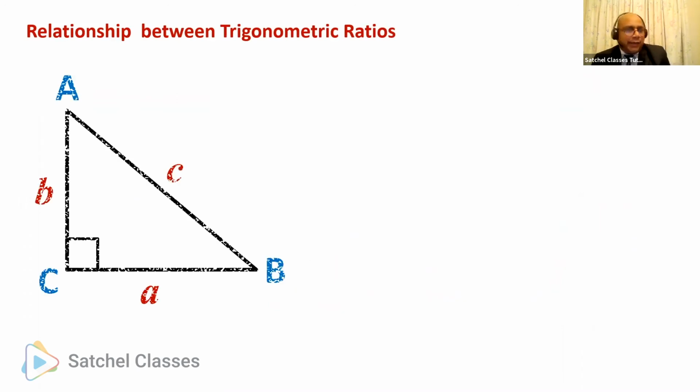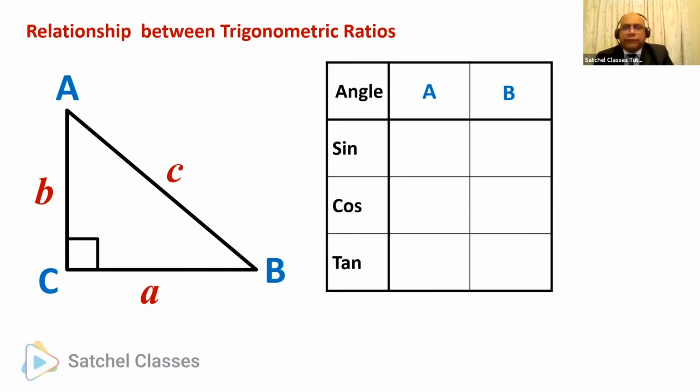For that, let's bring this triangle back again. So we have sides ABC and angles ABC. The angles are in capital letters, and the side opposite to each angle are the corresponding letters in small. Now, we already have found out the sine, cos, and tan for each of these angles, right? Here are the fractions. Now let's try and derive some relationship between these trigonometric ratios.